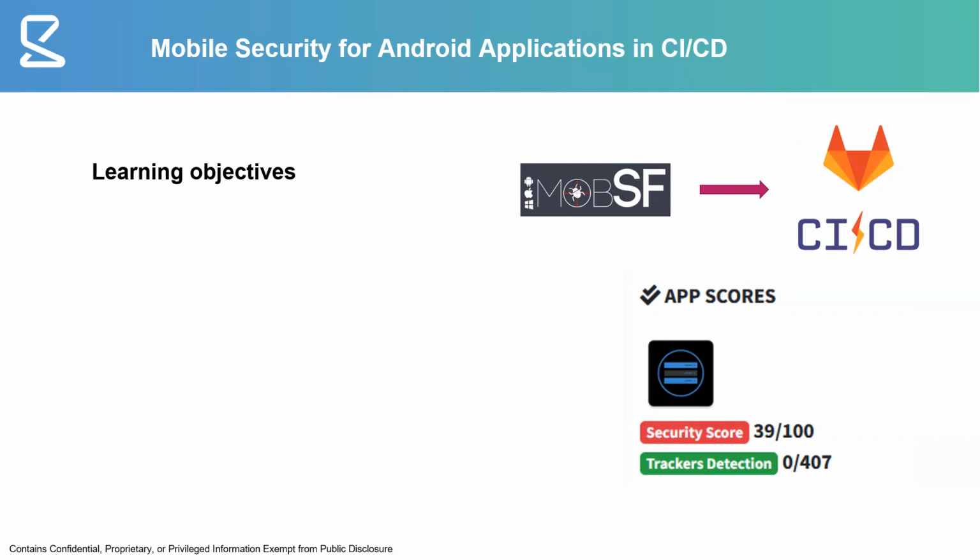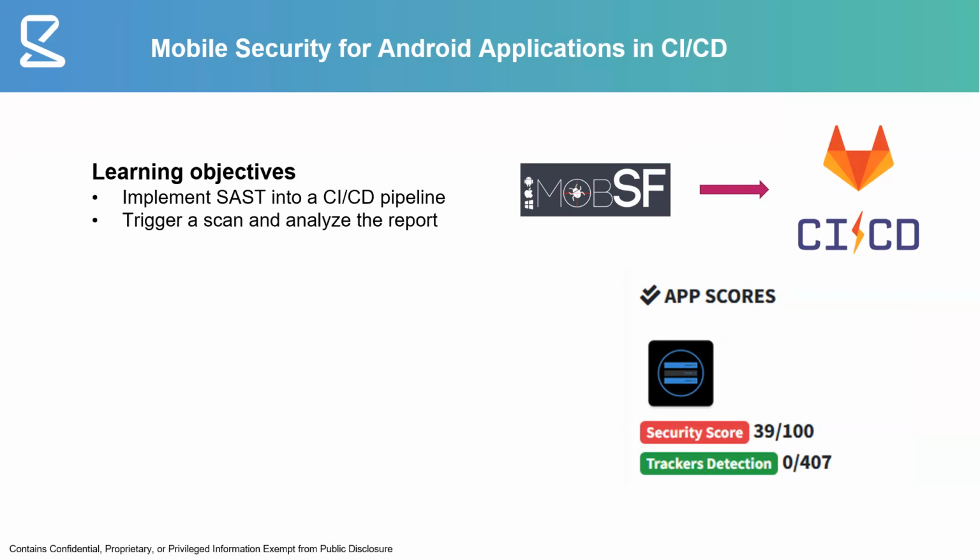By completing the course, you will learn how to firstly implement static application security testing into a CI/CD pipeline. Then you will trigger a scan and assess the report that it outputs. And then finally, you will mitigate some of the vulnerabilities that you have discovered in the process.